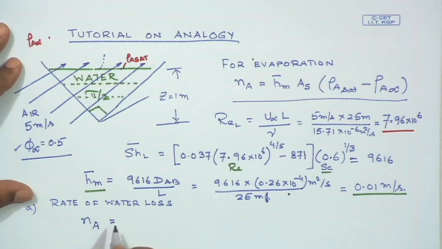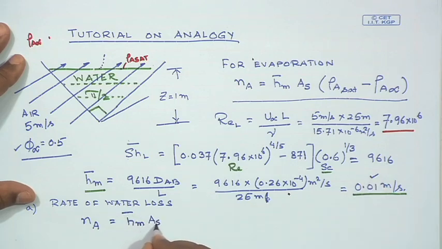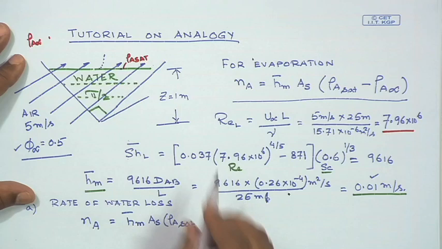It is simply using something similar to Newton's law. I can write this as h̄_m that I have calculated, times A_s, times ρ_A,sat, that is at the surface, minus ρ_A,∞.